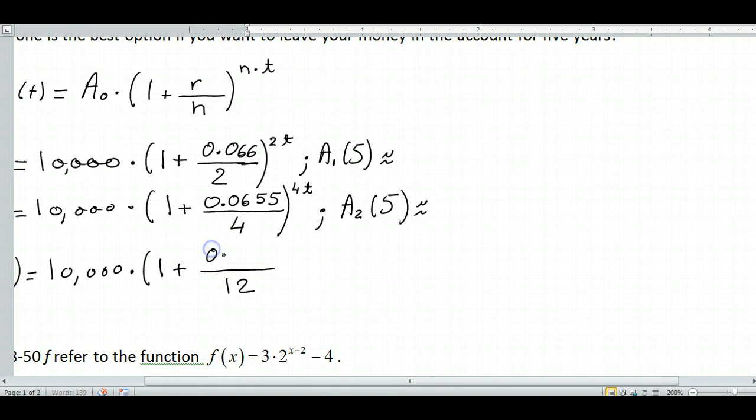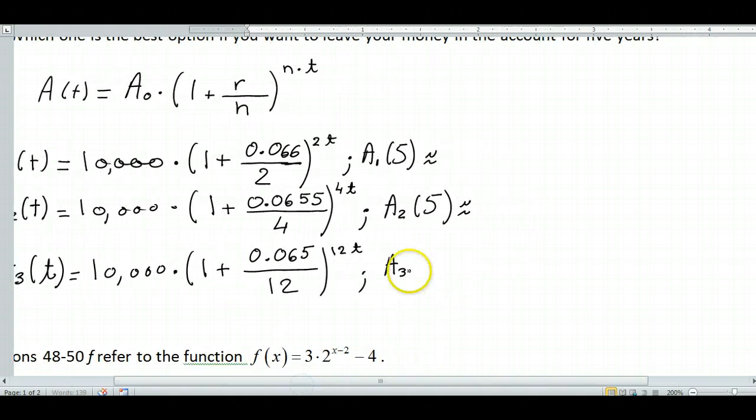So you see, the interest rate here is getting slightly lower, but the number of times you're compounding is getting higher. I'm reducing the interest rate, 6.6, 6.55, 6.5, but the number of times I'm compounding is increasing. So we'll see what happens to the amount after 5 years. And that's my third option, after 5 years.